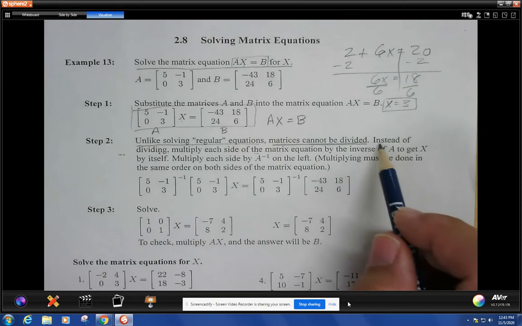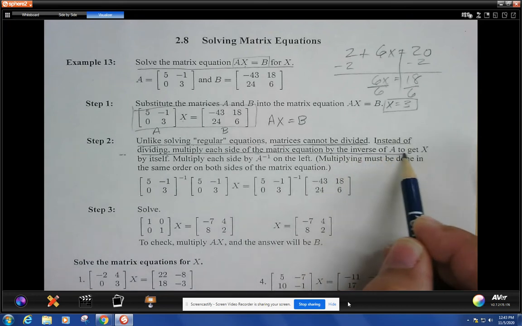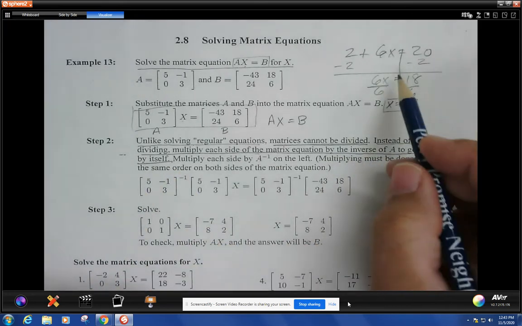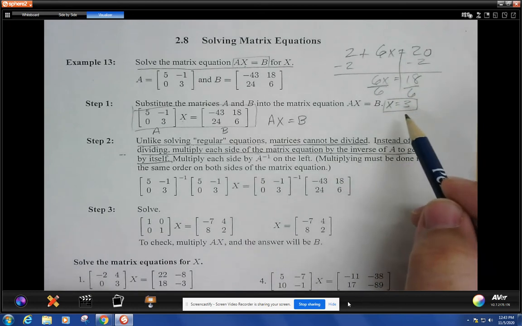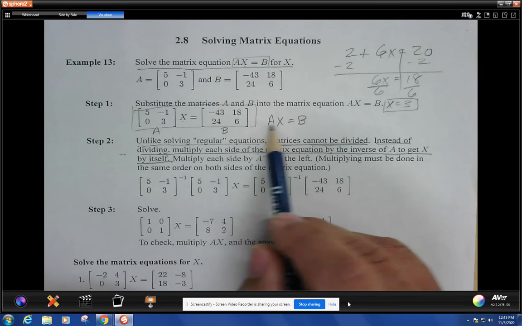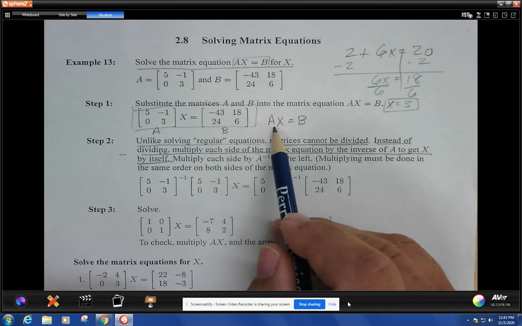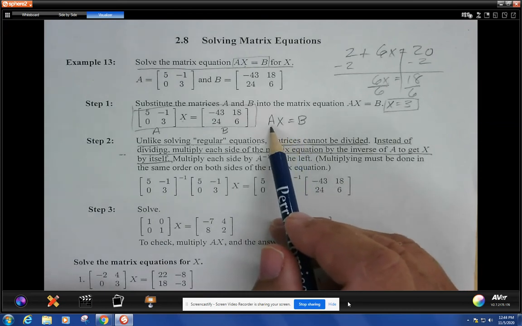So it says instead of dividing, multiply each side of the matrix equation by the inverse of A to get x by itself. So what you're doing is what we really did up here. You're going to have to do inverse operations. In other words, you can't just divide A out from both sides, but you can do the inverse of A, okay?